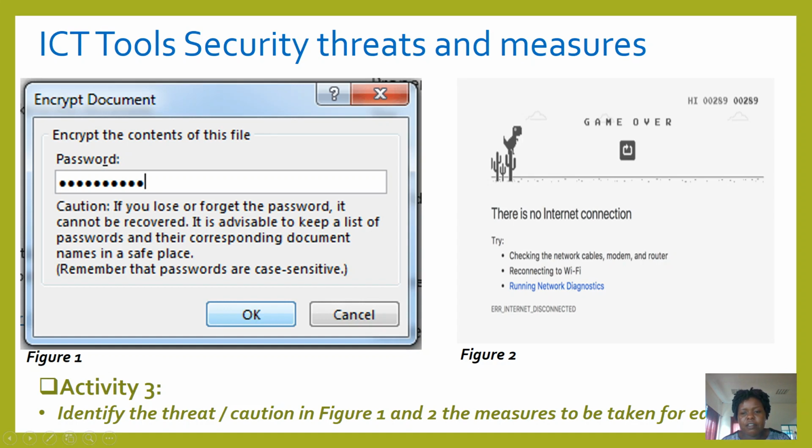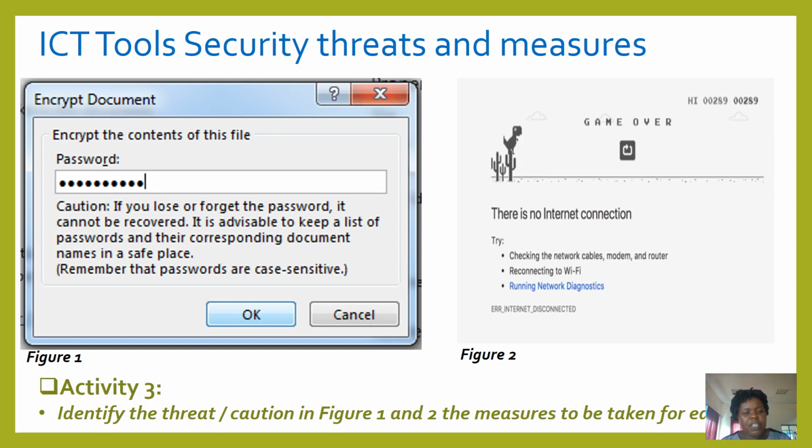So these images, the figures that you're seeing here, you're going to look at them critically, then identify the threat and the cautions that they have. You identify the caution in those two figures, and then after identifying the cautions, what are the measures to be taken?